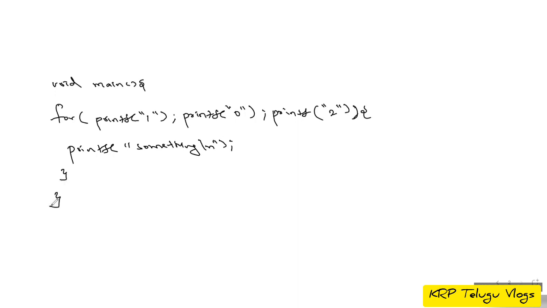Okay. So now where will control come? This is the initialization part. This is the condition check. This is the increment portion. So where will it come first?